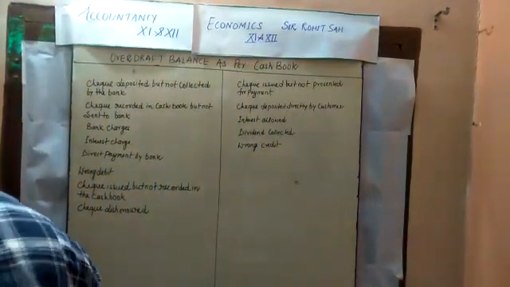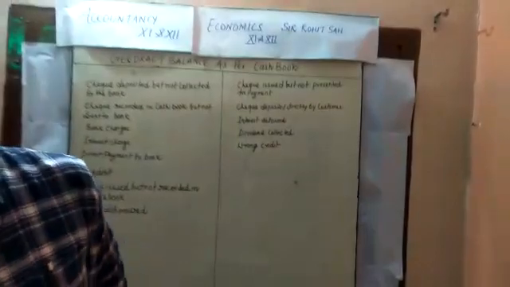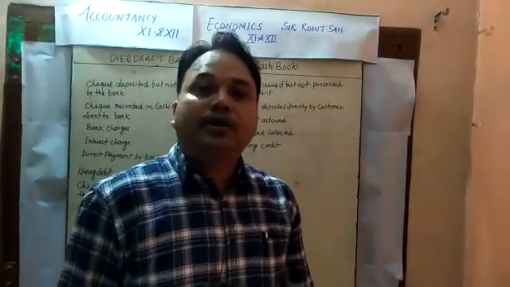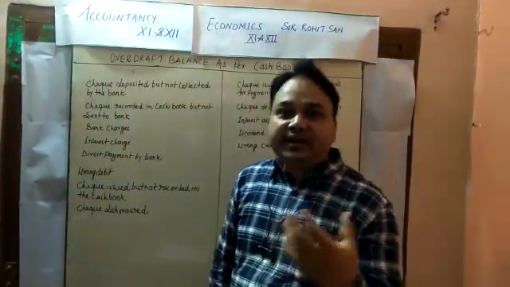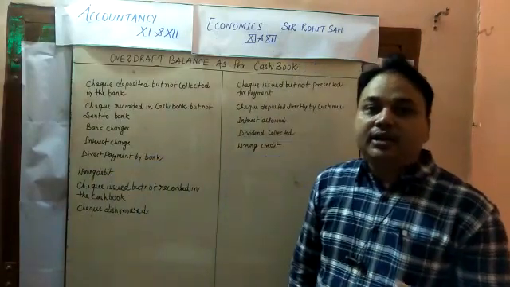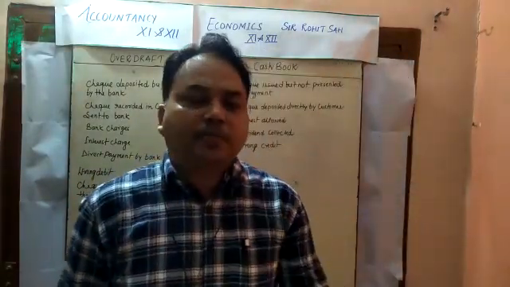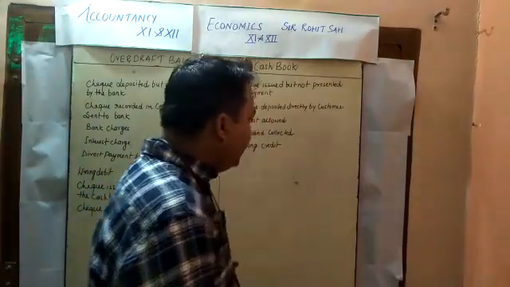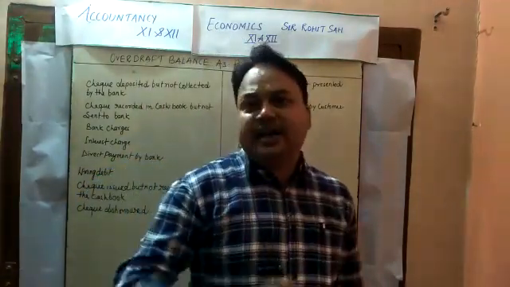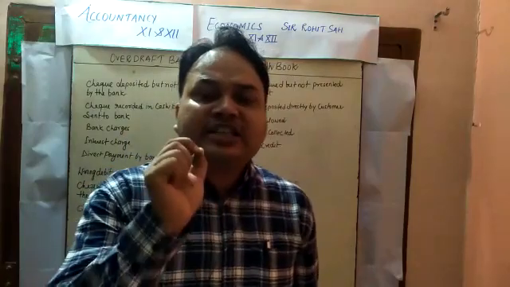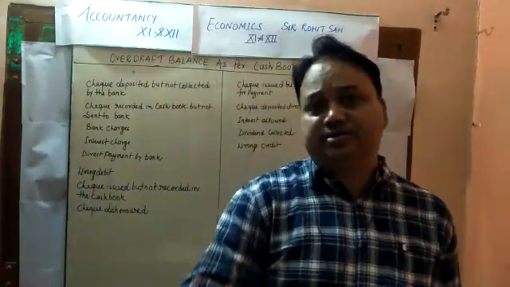It becomes overdraft. It means you are going to become a debtor of the bank. Suppose, for example, in your bank account there is 10,000 rupees and you draw a check of rupees 15,000.